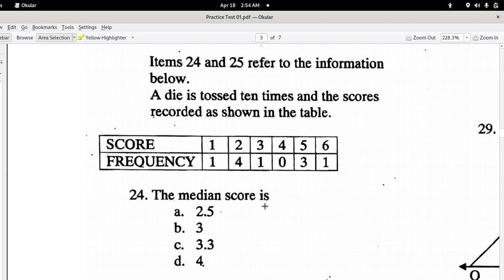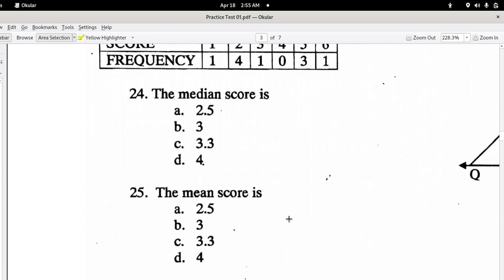If there's an odd number, you will have 1 in the middle. If there's an even number, you have 2 in the middle. So you average those 2 and you get the median. Right? If there's an even number of scores or there's an odd number of scores.